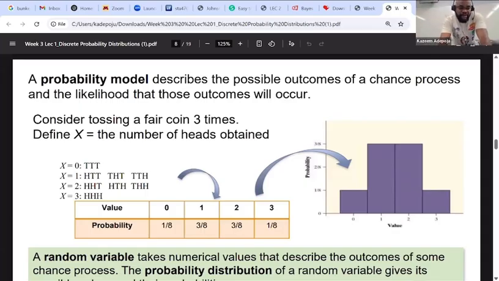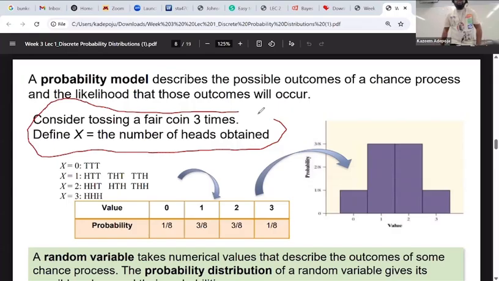The experiment is this. Consider tossing a fair coin 3 times. Then define X, the number of heads obtained. I told you, the examiner will always disclose the characteristic of interest, that is the random variable, ahead of time.